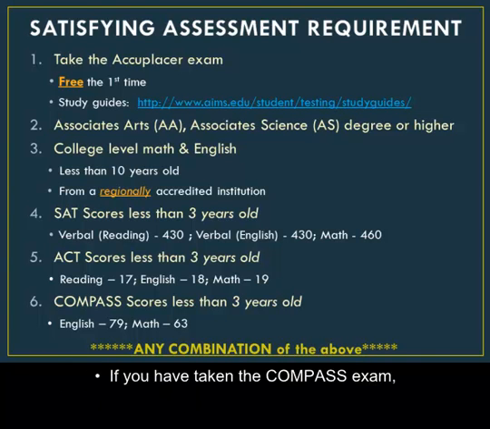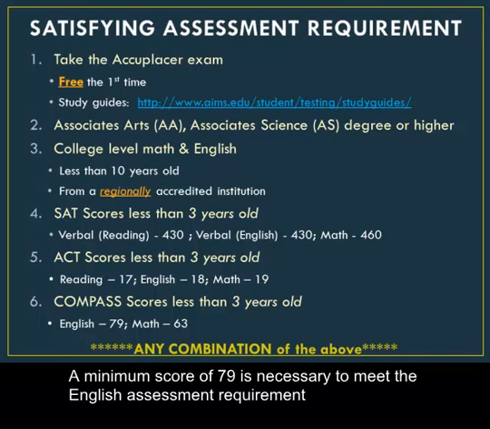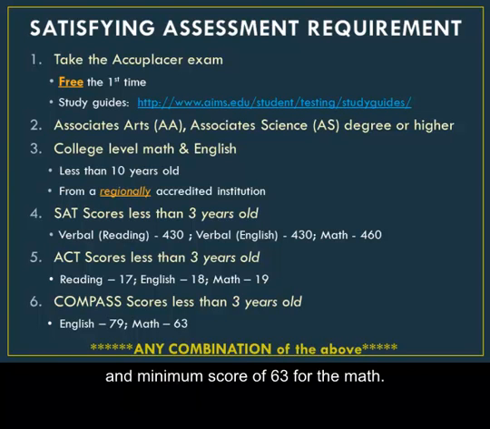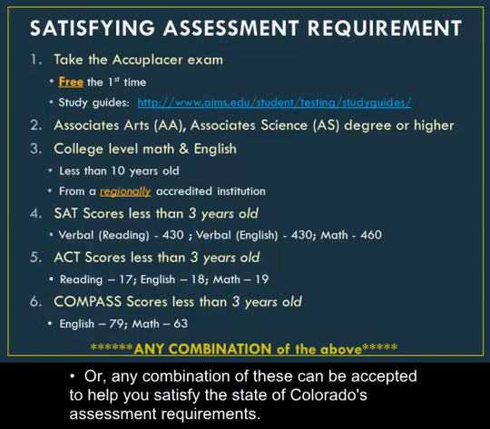If you have taken the Compass exam, a minimum score of 79 is necessary to meet the English assessment requirement and a minimum score of 63 for the math. Or any combination of these can be accepted to help you satisfy the state of Colorado's assessment requirements.